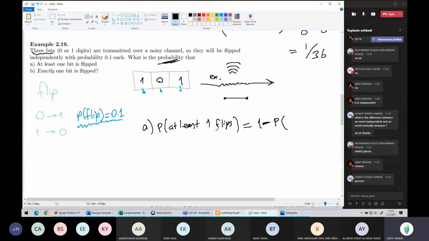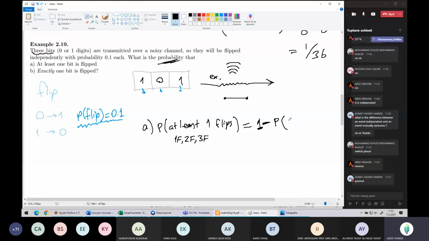At least one flip means one flip, 2 flips, 3 flips. But it can be solved in a short way. 1 minus probability of what?